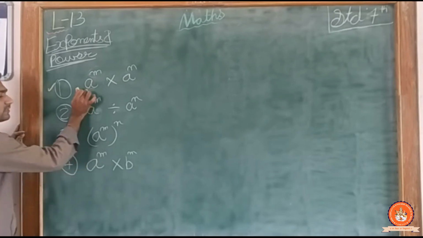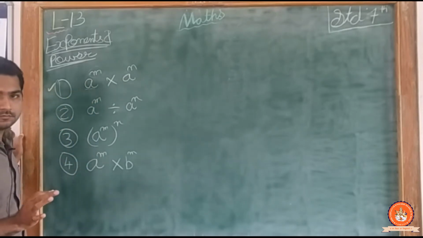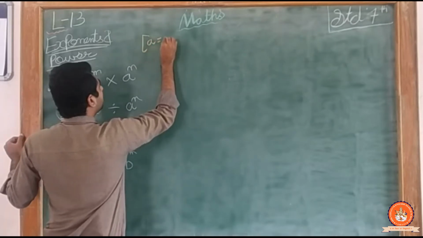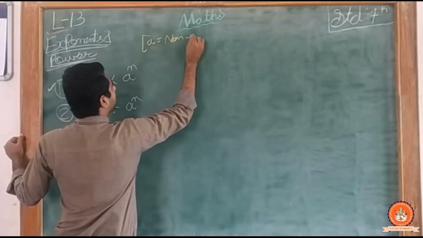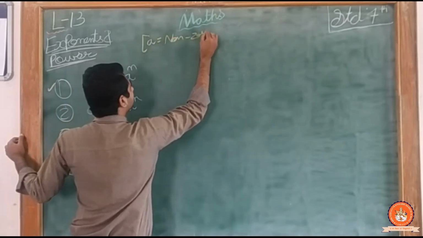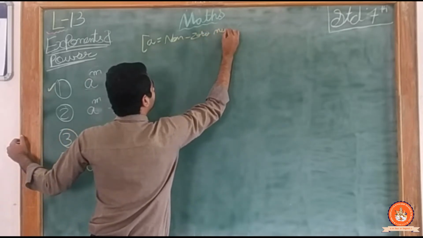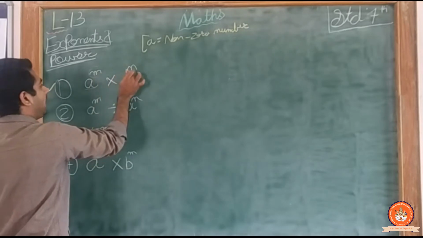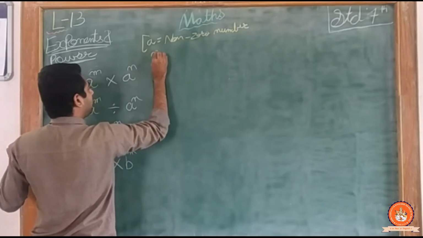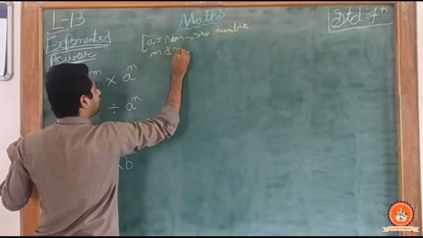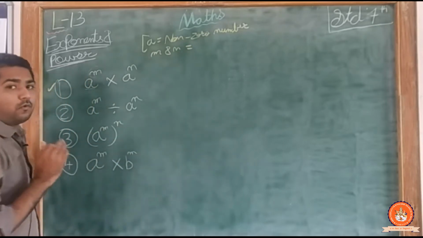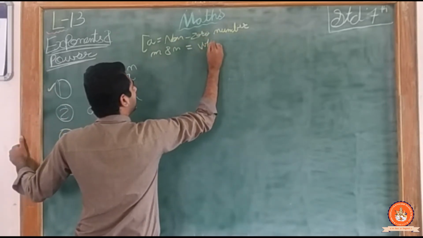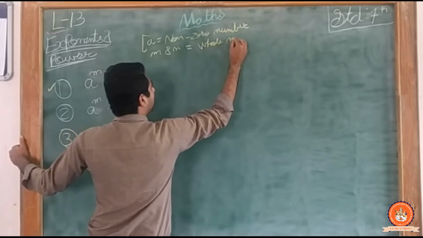So a is nothing but a non-zero number, any non-zero number. Clear? Where m and n are whole numbers. You know very well what a whole number is.